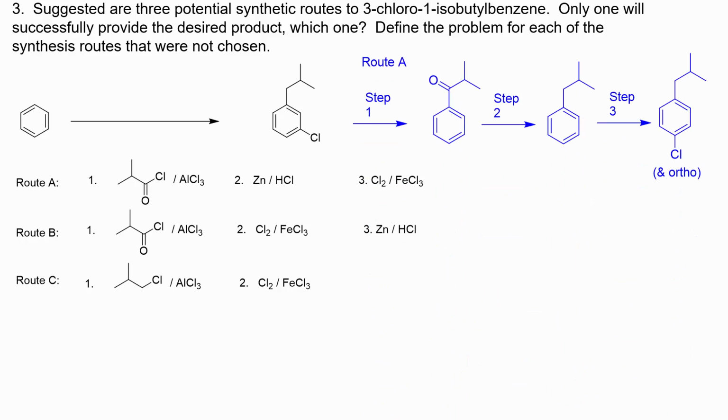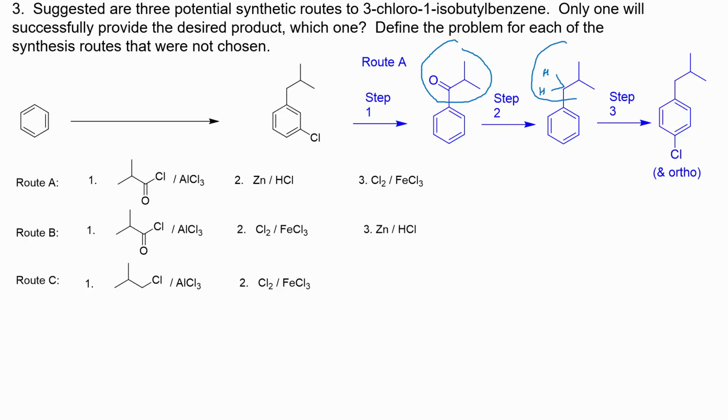Okay, route A doesn't work because in step 1 we do the Friedel-Crafts acylation. That's exactly what we're expecting to see. We're forming this product, but once we make this, we're going to reduce the carbon-oxygen double bond with a Clemmensen reduction to the corresponding CH2 group.